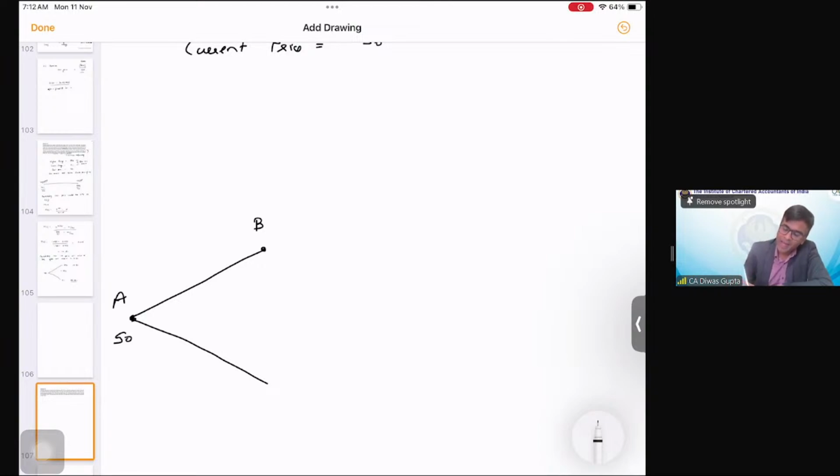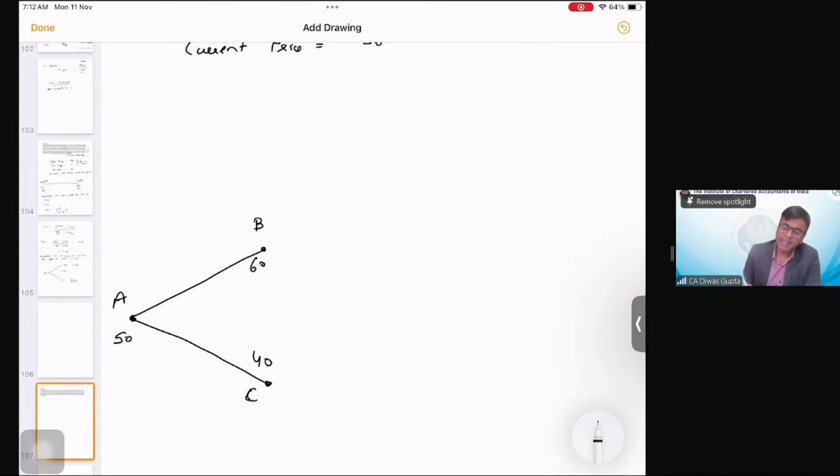So it can move up by how much? 20%, 20% of 50 rupees. So if we add 20% on 50, it will become 60. Clear? And the second possibility is that the prices will go down. So 50 rupees going down will become at C node 40. If I just name this as a C node, okay? This is a C node.